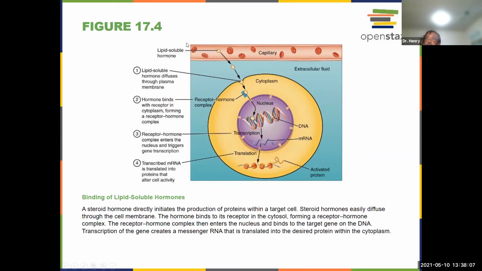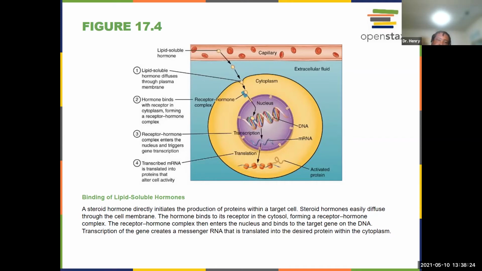In the case of lipid soluble hormones, they are able to diffuse through the cell membrane because the membrane is hydrophobic, and lipids are also hydrophobic, so it'll let those guys through.